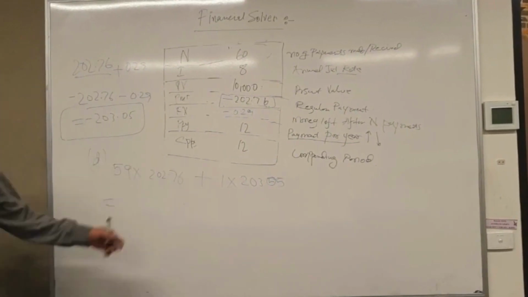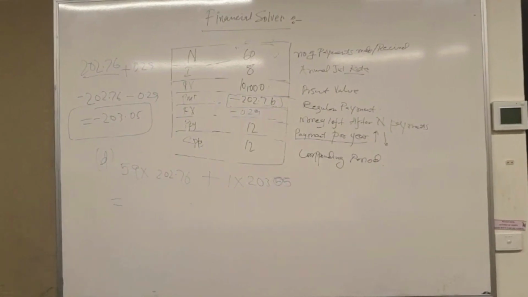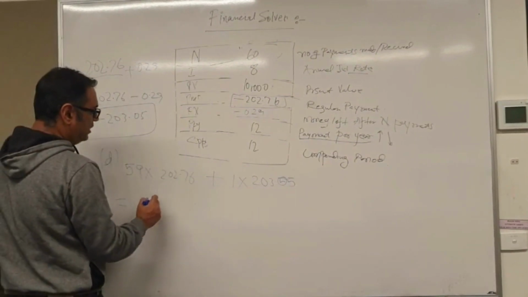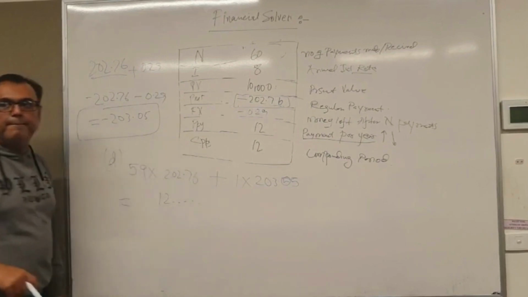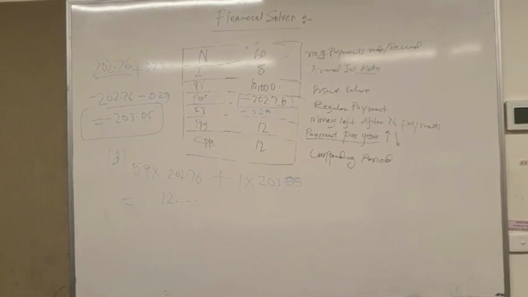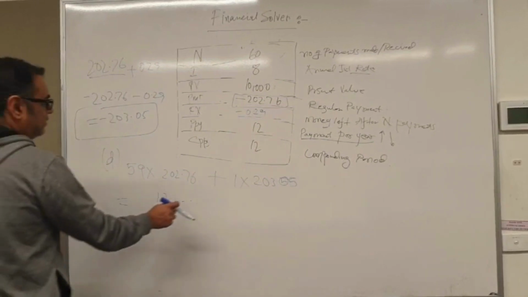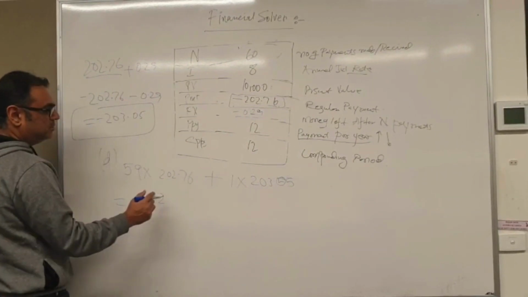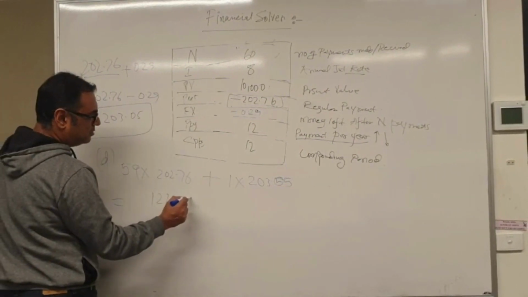Can someone solve this for me? If you solve this, you get some value, some 12,000 something. Can someone solve this for me, please? 12,165.89. Good job.